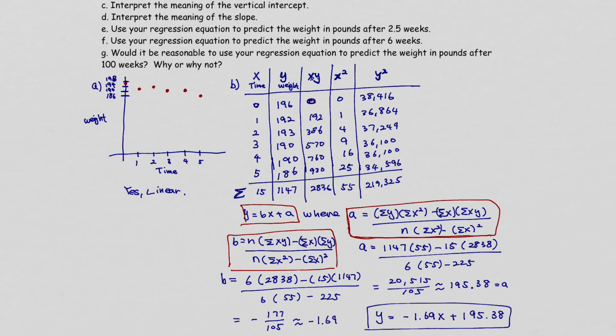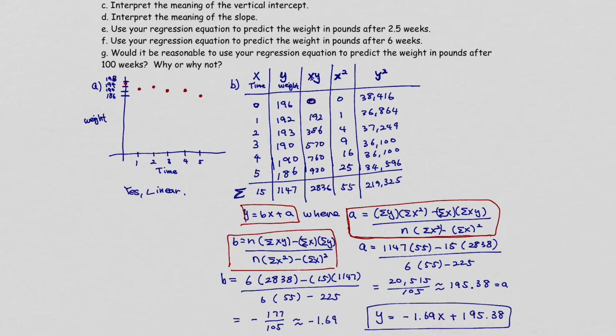And part C is asking you to interpret the meaning of the vertical intercept. Remember which one was the vertical intercept? When you're looking at the linear equation, plus A was the vertical intercept, which is the y-intercept, right? So from the equation you found, 195.38 is going to be the vertical intercept. And what does that mean? It means when x is 0, your x is time.